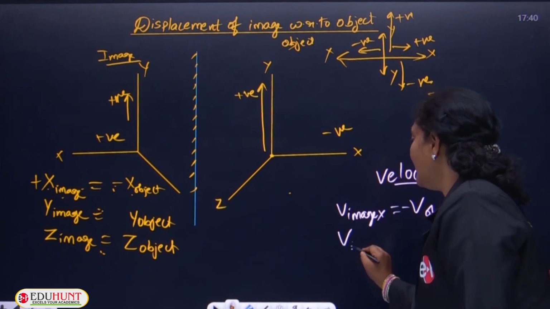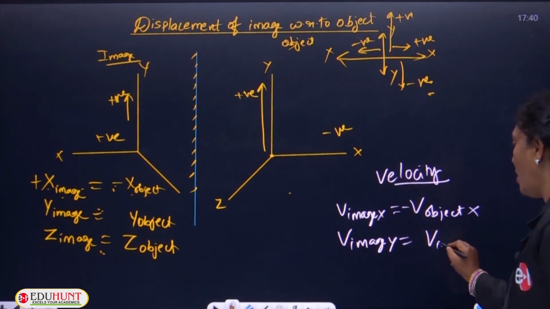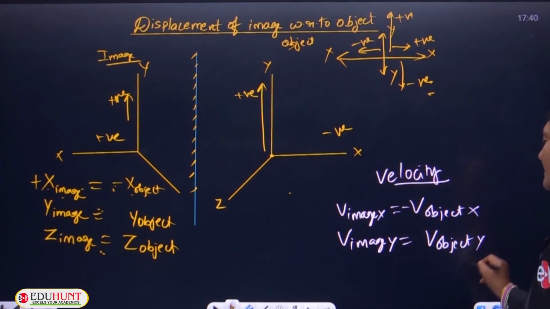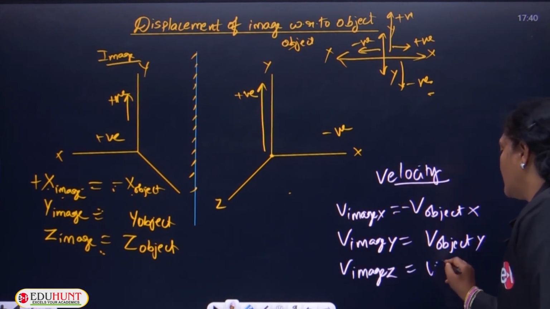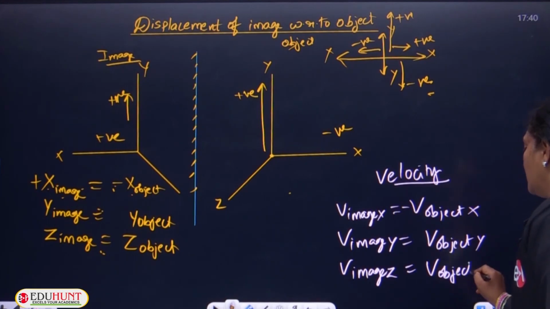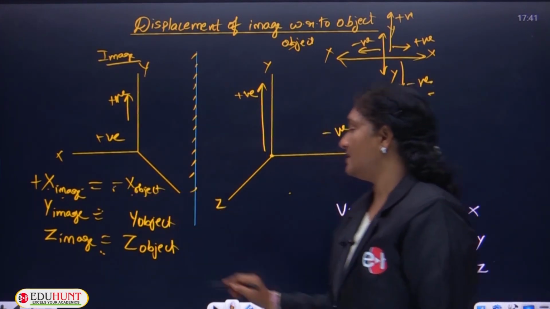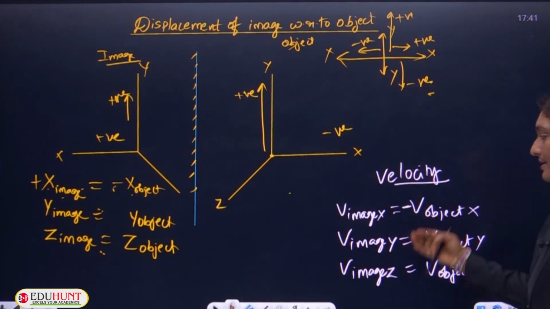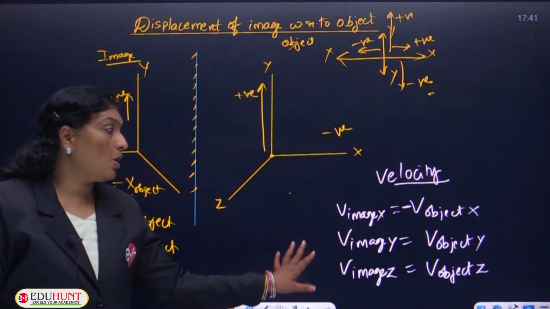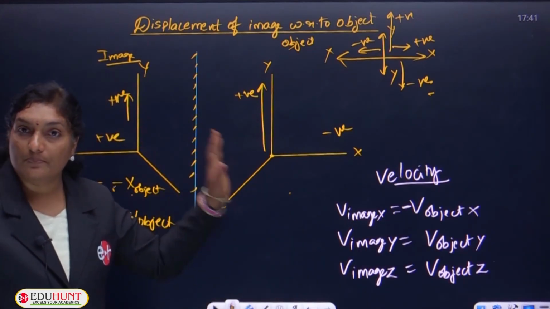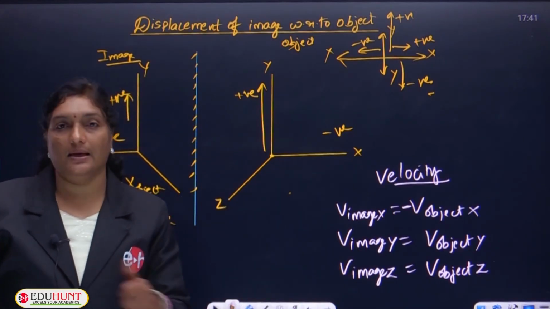Similarly, image velocity along the y-axis equals object velocity along the y-axis, and image velocity along the z-axis equals object velocity along the z-axis. Only along x does the direction change. All other values remain in the same ratios. This is all with respect to the observation whenever we measure it with respect to a mirror.